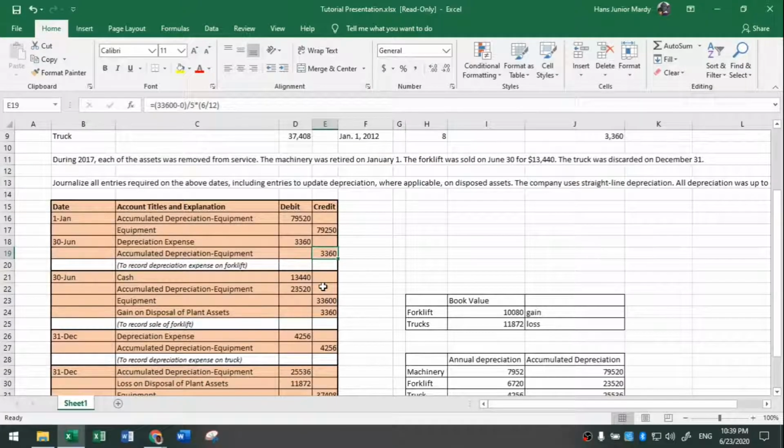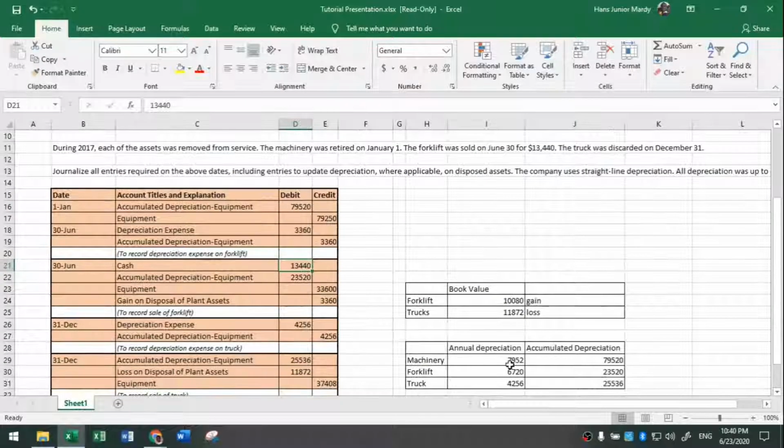Next, we are requested to record the sale of the forklift. We can see that the forklift was sold for that price, and I put it here as cash, and I debit cash here. For accumulated depreciation for the forklift, we had to know the depreciation per year, which is this one here, and then the useful years for the forklift, which was 3.5 years.